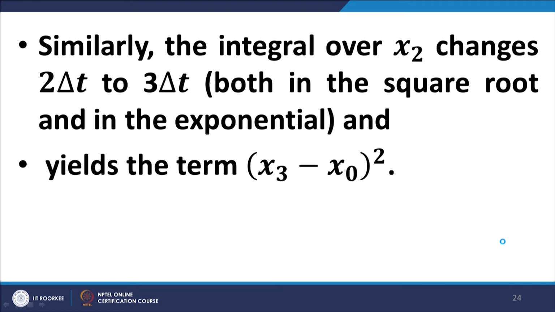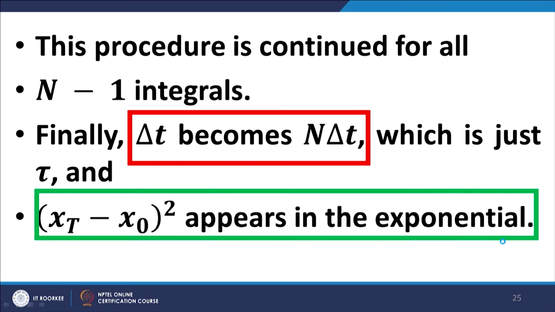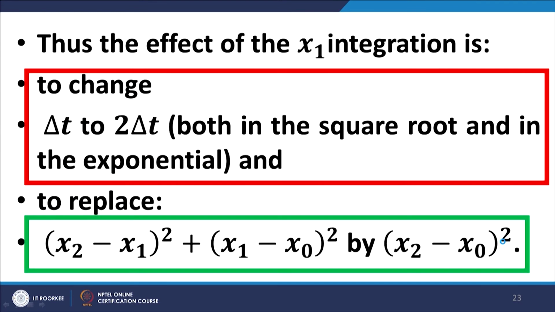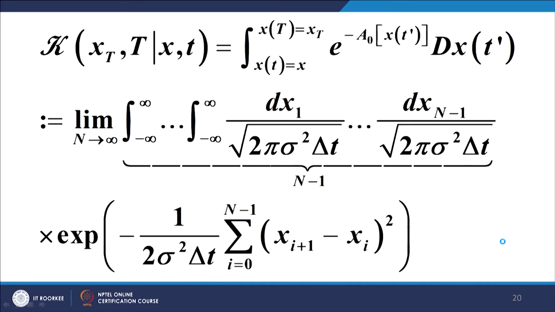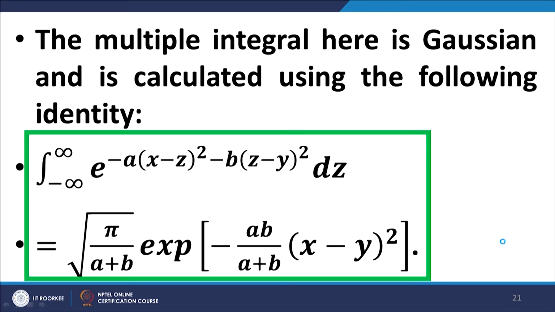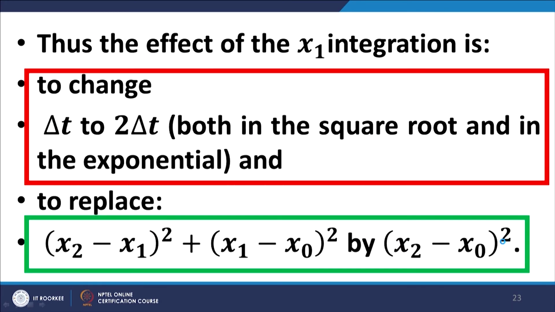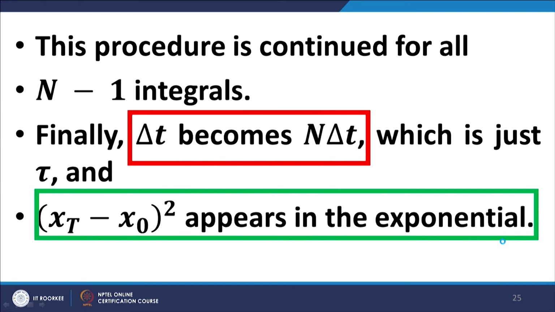So, proceeding in this same way iteratively, we can do all the n minus 1 integrals that are there in this particular path integral. When we complete all the n minus 1 integrals, delta t will become n delta t, and that is nothing but tau, because delta t is equal to t minus tau upon n.